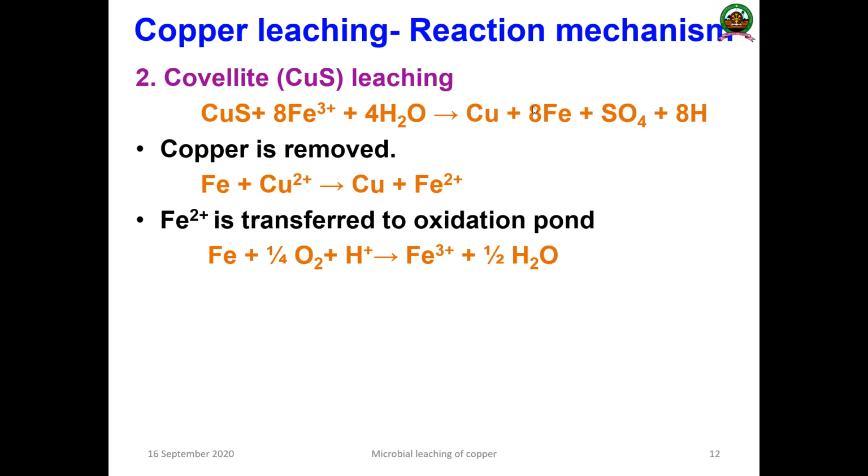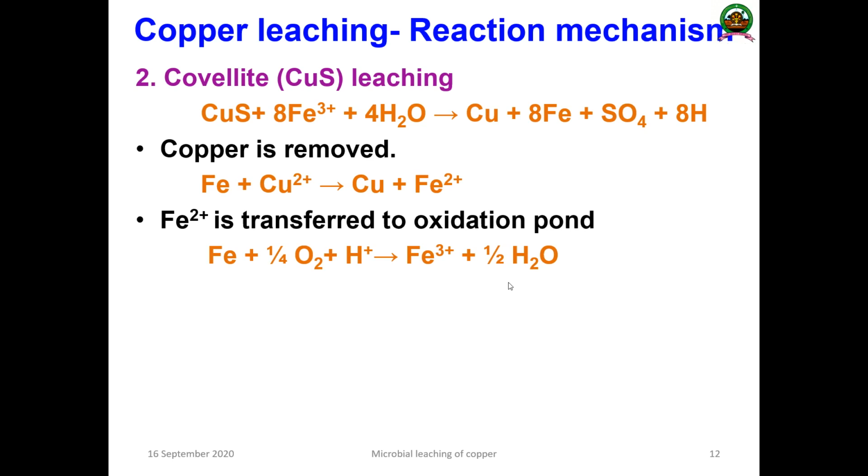So copper plus 8Fe2+ plus SO4 and 8H+. The copper is removed, then the iron and copper combine to form copper plus Fe2+. Then the Fe2+ is transported to the oxidation pond, where ferrous ion will be converted into ferric ion, and water will be produced.